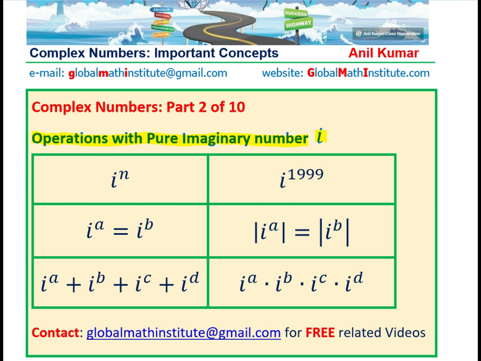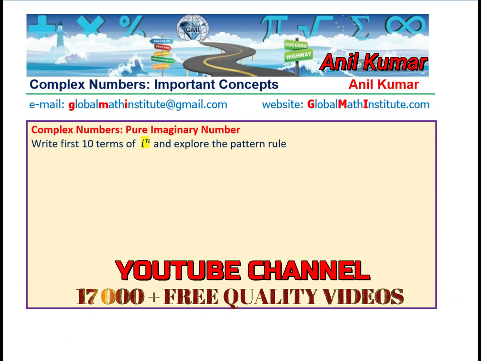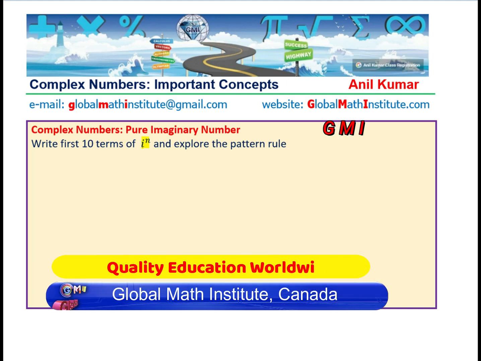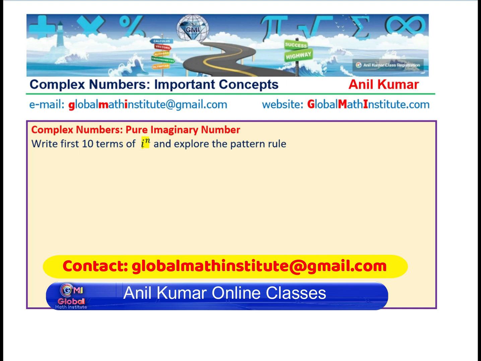We'll begin with the very first one, which is i to the power of n. So we need to first understand what is i to the power of n. For that, write the first 10 terms of i to the power of n and explore the pattern.